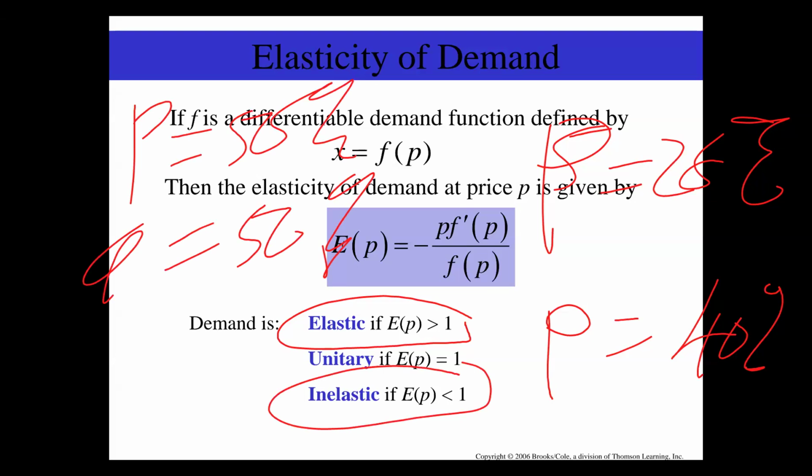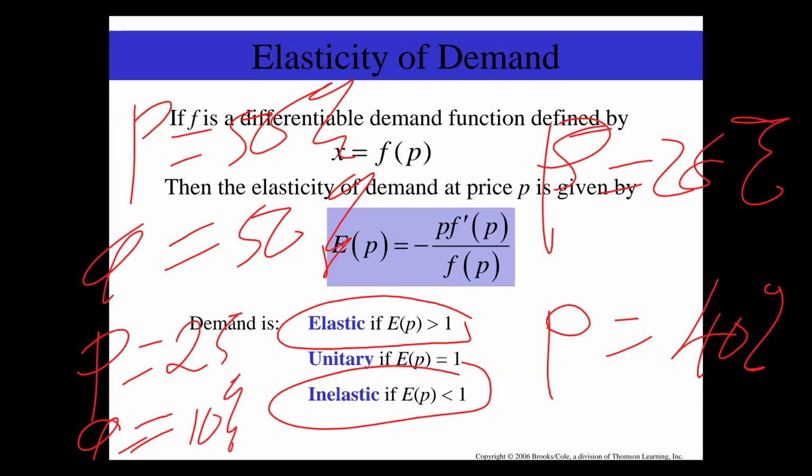Even if price changes by, let's say, 25%, the quantity changes by less than 25%, maybe just 10%. That is to say, the quantities demanded don't respond so much to price changes. That is inelastic. You got it, right?